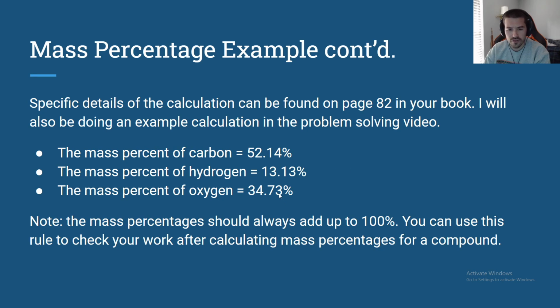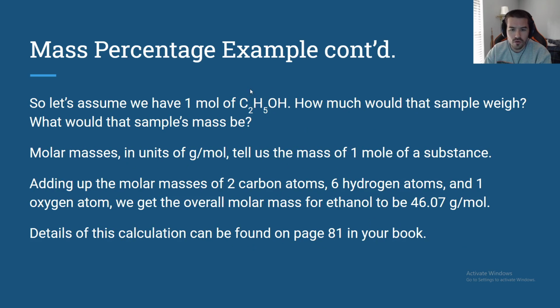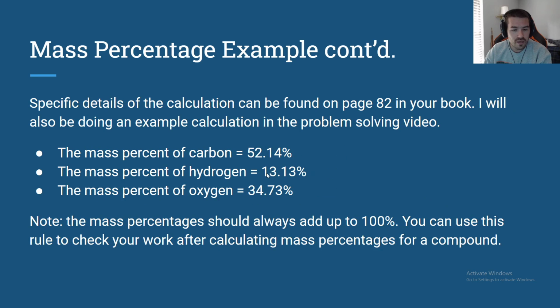That's a little interesting, because if we go back and look at the compound, it appears to be mostly hydrogen. There are 6 hydrogens. The way this makes sense, though, is that hydrogens are so small, with such a small amount of mass, that the mass percentage of hydrogen, even though there are 6 hydrogens in the compound, is very small.